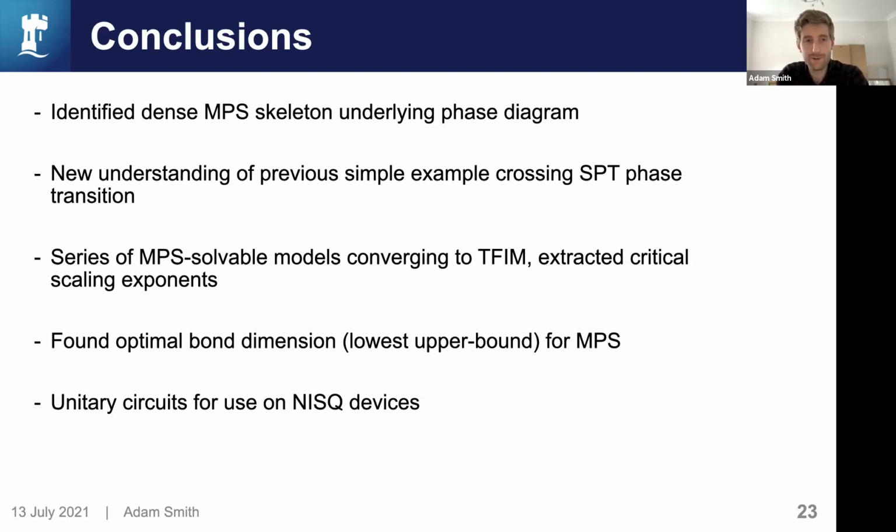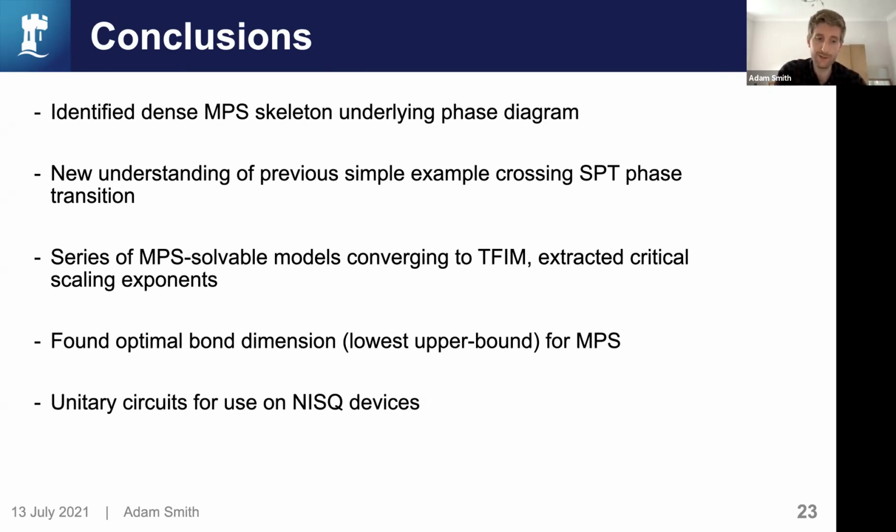So one interesting use of these MPS-solvable paths is that we can have a series of them that converges to points in the phase diagram that aren't on these MPS-solvable paths. And for example, it provides other ways to extract, say, critical scaling exponents. We found the optimal bond dimension for these MPS.